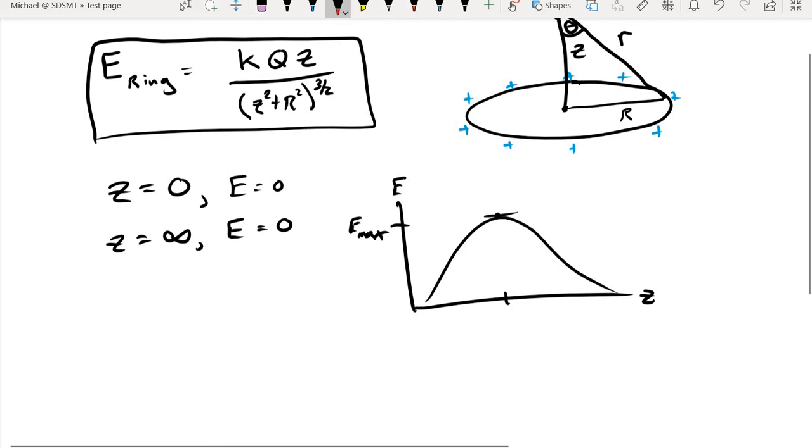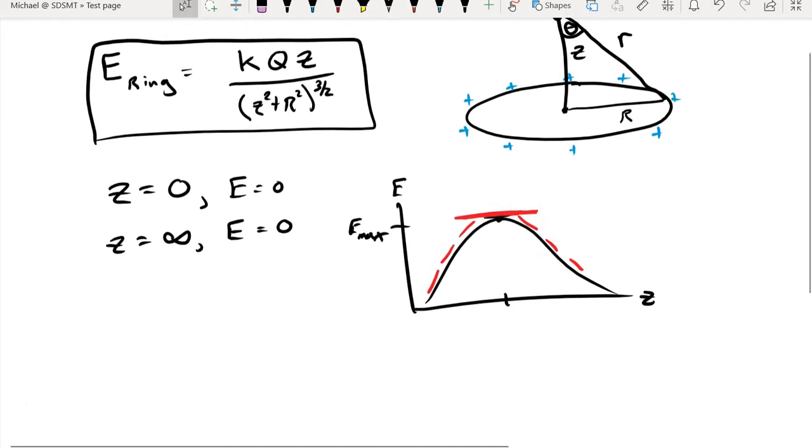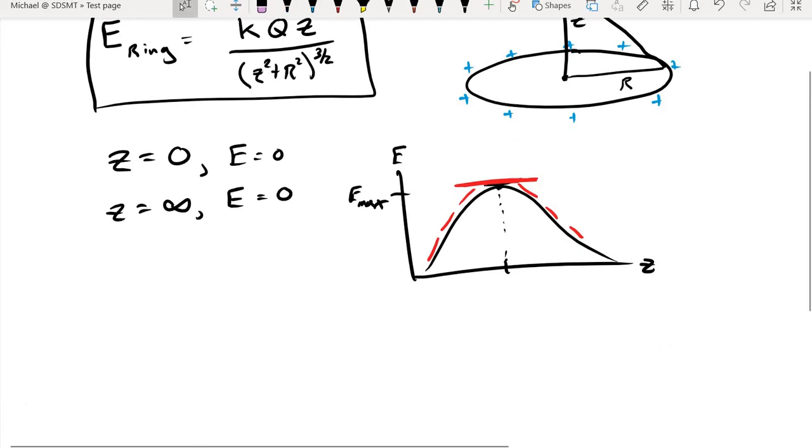As our function changes, our slope function changes with it. And when we get to that maximum electric field magnitude, what we see is that the slope of the function at that point is 0. So if we can figure out a way of describing the slope of the function, we can then set that to 0 and solve for the appropriate value of z that causes that to happen.